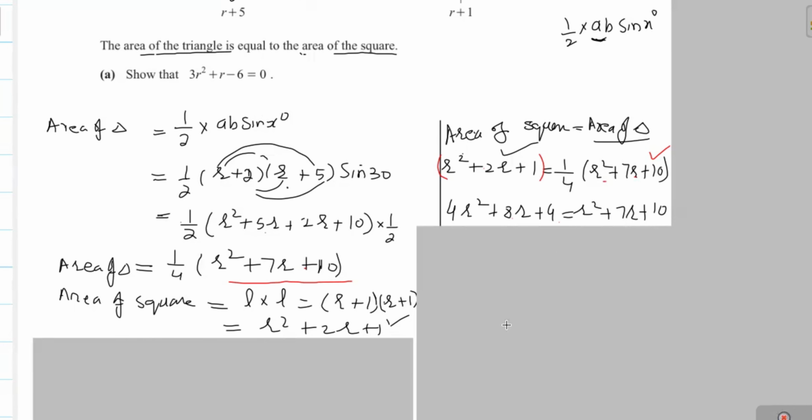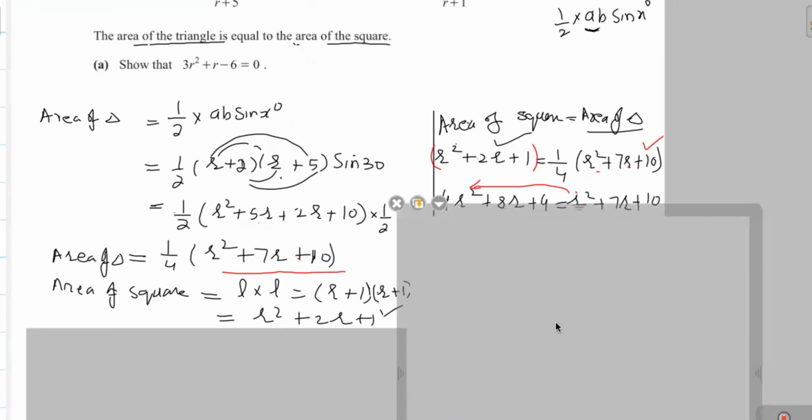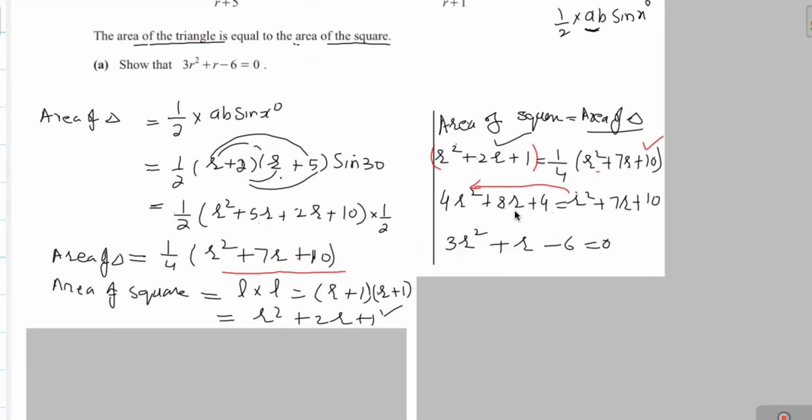Now we shift the r squared and 7r from right to left side. It becomes 4r squared minus r squared, which is 3r squared. 8r minus 7r becomes plus r, and 4 minus 10 becomes minus 6. And this is the equation we have to prove.